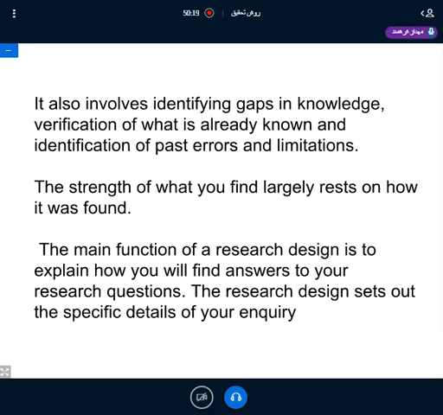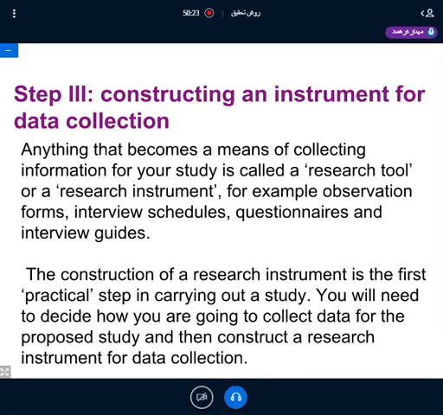We're going to study the next slide. I'm trying to speak louder, okay? Step 3, constructing an instrument for data collection. In step 3, we have 3 steps and we are going to study about them.